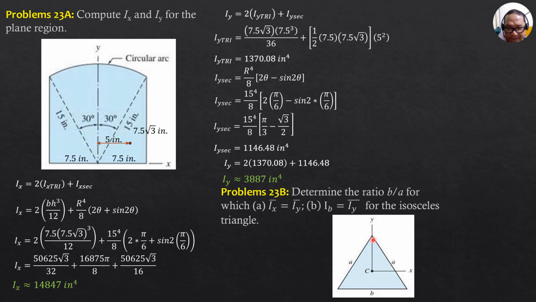The y-axis happens to be coincident with the base, supposedly, if the triangle is flipped such that the y-axis is horizontal. So this height here becomes the base, and the height becomes half of b, so b over 2. So it is base, which is the height, times b over 2 cubed over 12. Then there are two triangles whose bases coincide with the y-axis, so we multiply that by 2.